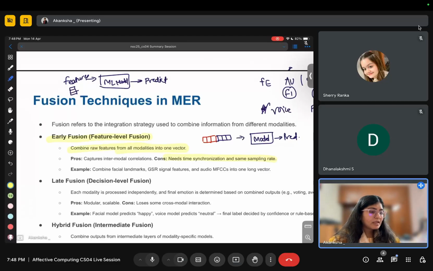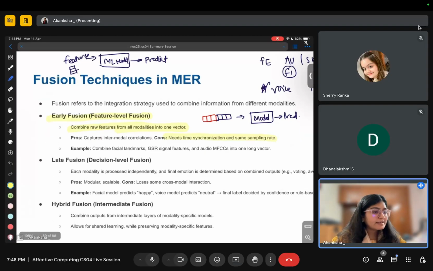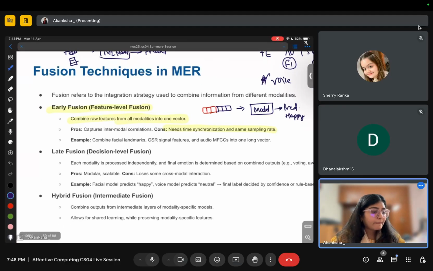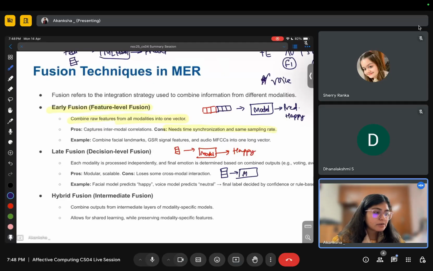Then late fusion means, basically, the prediction is, let's say, happy. Late fusion means that you fed the facial expressions into a separate model and got some result, happy, and you also used the voice modality to train a different model, which gives maybe relaxed.